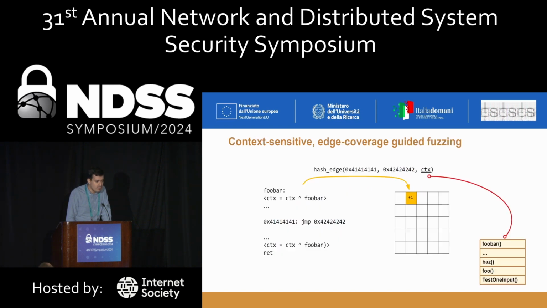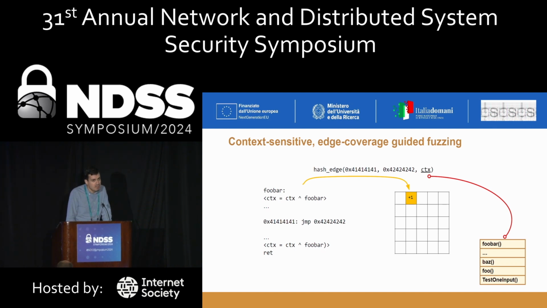Now, a few years ago, an influential paper, the Angora paper, proposed to extend edge coverage with context sensitivity in order to have more pervasive exploration. The idea is that edge coverage is a local feedback. It's about a specific function, but doesn't track how you reached that function.